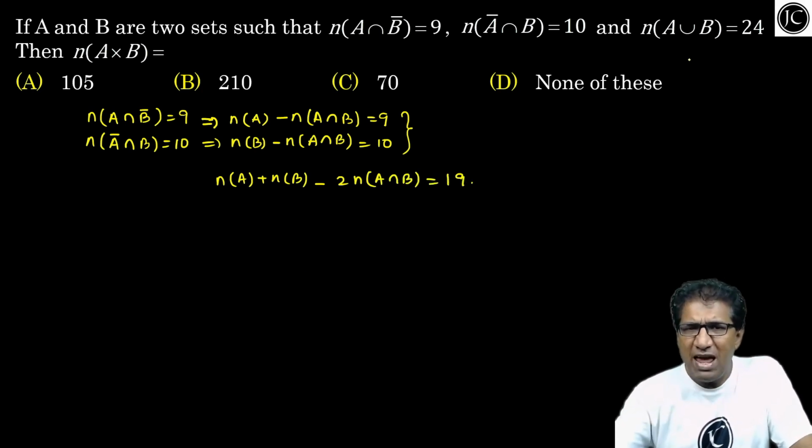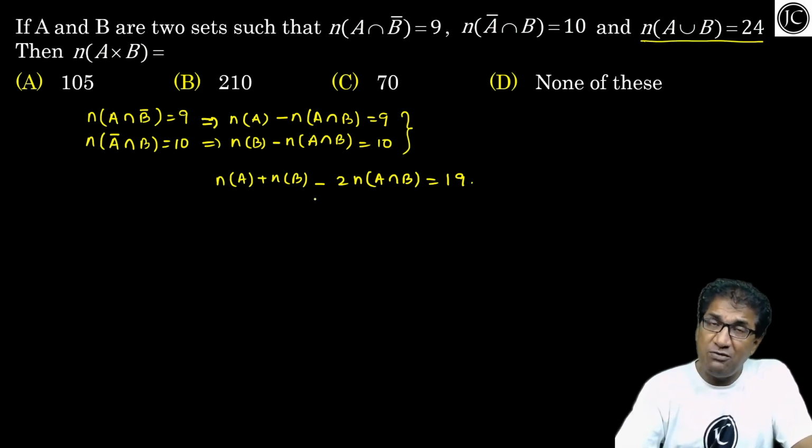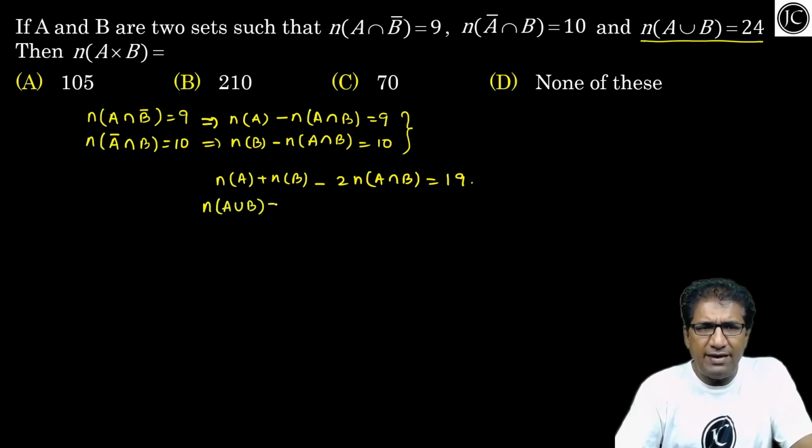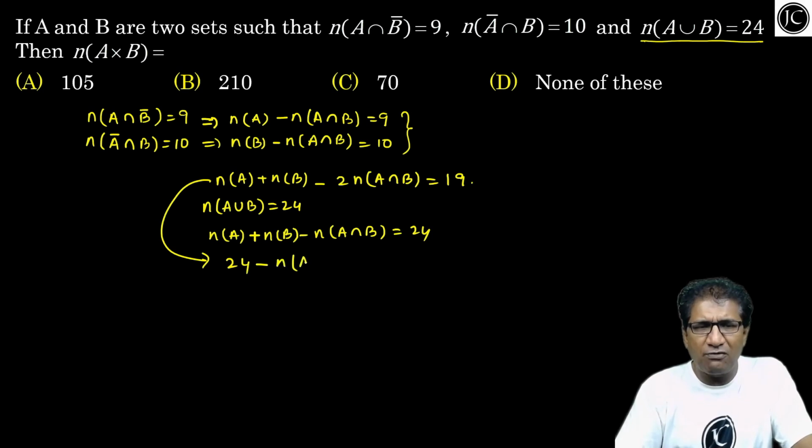Correct? But we have been given here that n(A union B) is 24. It means n(A) plus n(B) minus n(A intersection B) is 24. So from this equation we have 24 minus n(A intersection B) is 19.